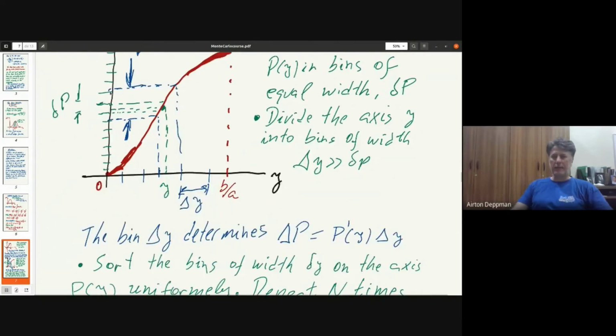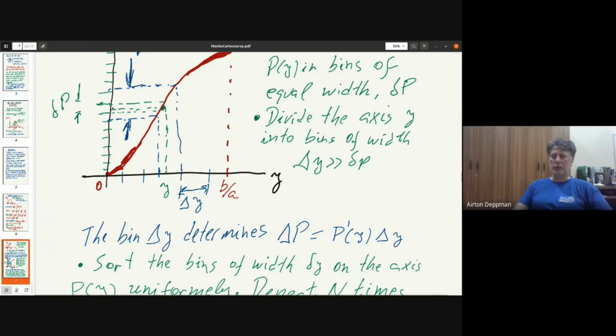So when I have a number of events in this bin, I have also a number of the corresponding values of y sorted in my distribution, and I associate the number of events in this bin to the number of y I have here. So I just collect these numbers, and I have the number of events that I have y. So for any event that falls in this range, I have y in this range.